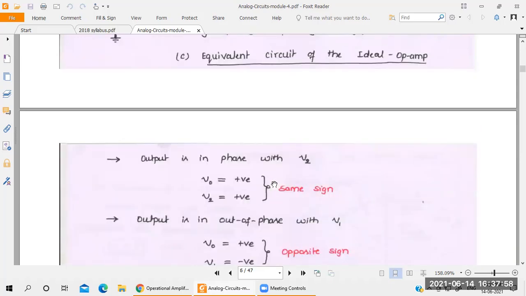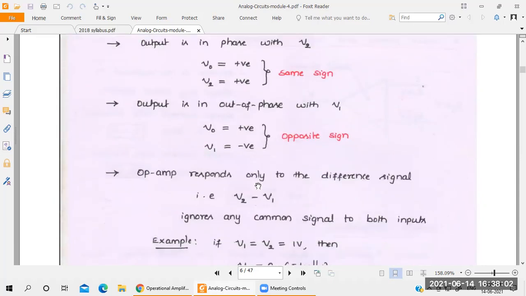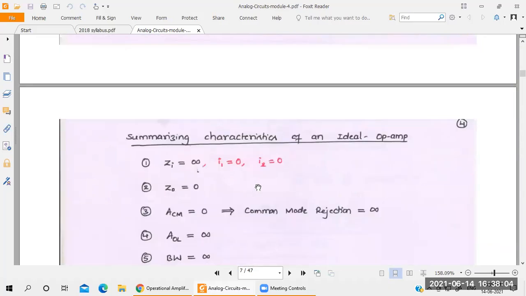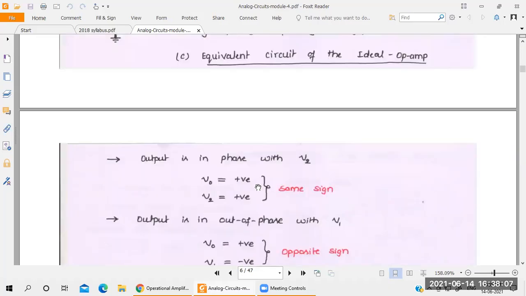Next, we take now output in phase with V2. First condition is what here? Output in phase.